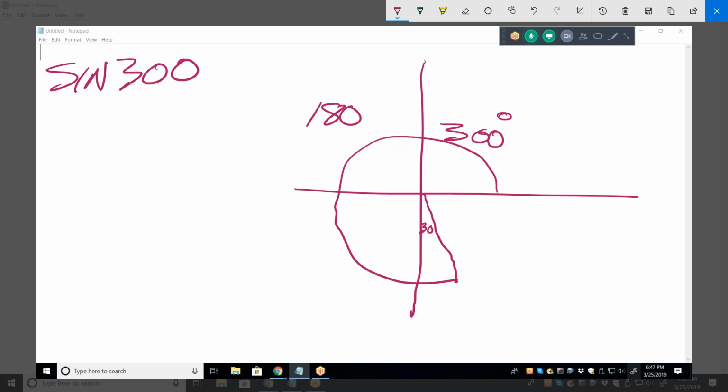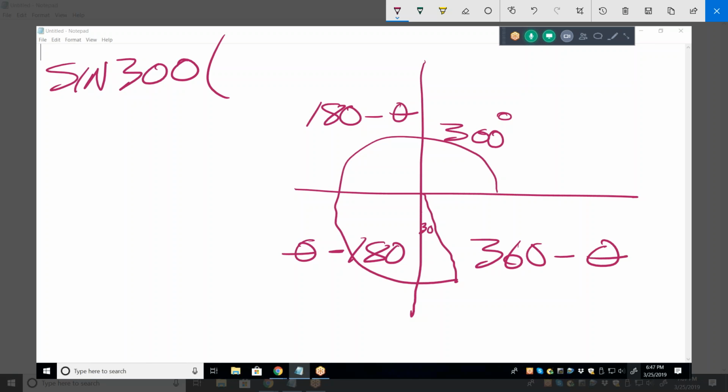From your unit circle, these formulas give you your reference angle, and your reference angle is that first quadrant angle. So when I'm trying to find the sine of 300 degrees, I put in parentheses what its reference angle is. What is it?